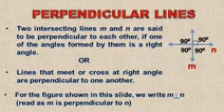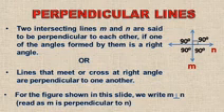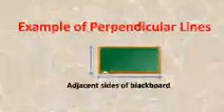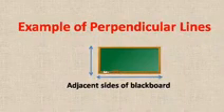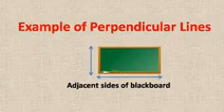Or we can say that lines that meet or cross at a right angle are perpendicular to one another, just as we can see in this slide that line M is perpendicular to line N. Students, the symbol for perpendicular is given in this slide. Examples of perpendicular lines include adjacent sides of a blackboard, just like given in this slide.